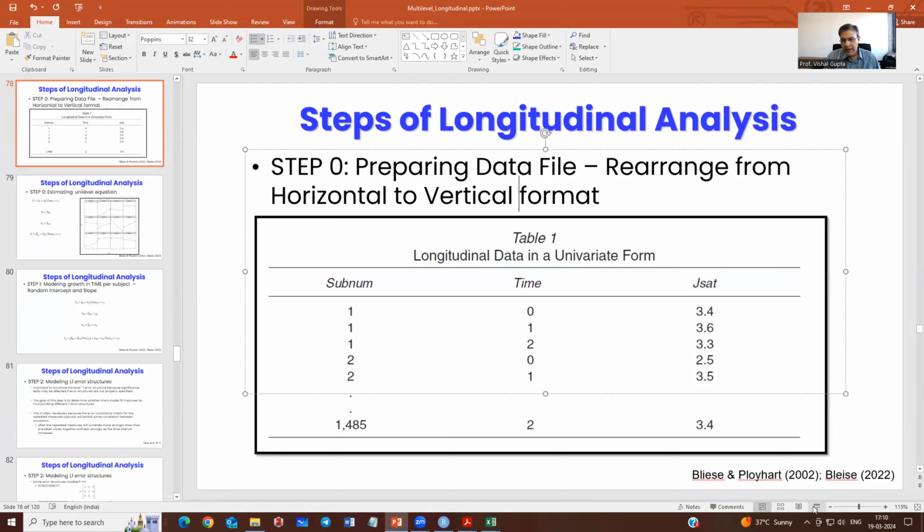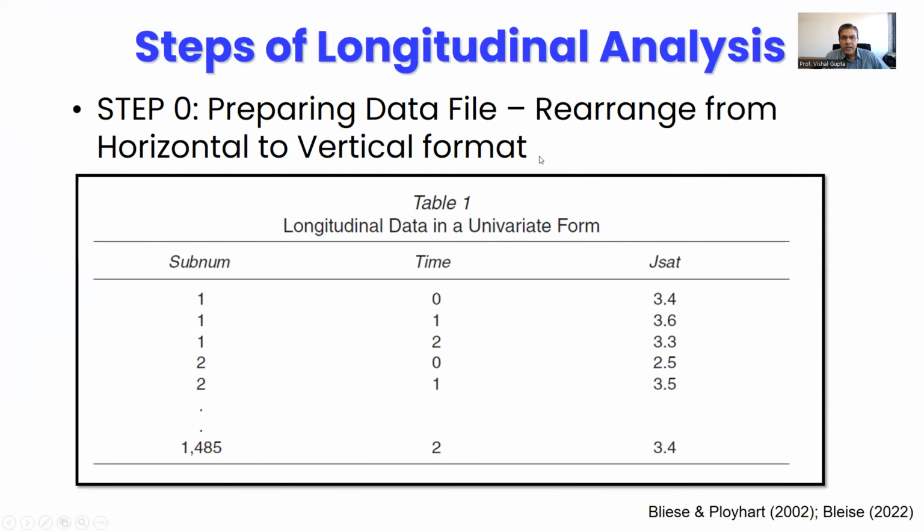Let me correct it right now. We have to rearrange from horizontal to vertical format. So longitudinal data in univariate form, subnum 1, 1, 1, 0, 1, 2, and 3.4, 3.6, 3.3. I have taken these from these documents, and you have 1485, and it has been arranged.